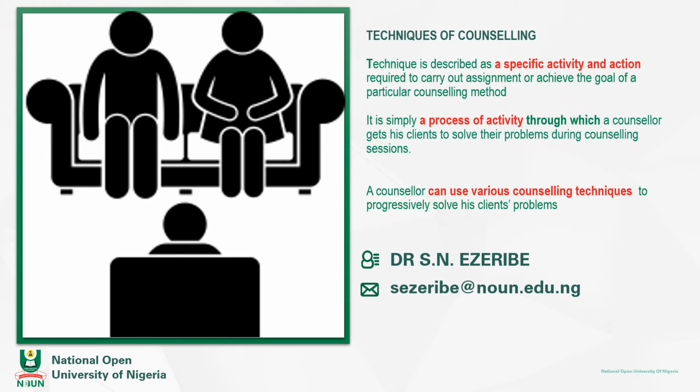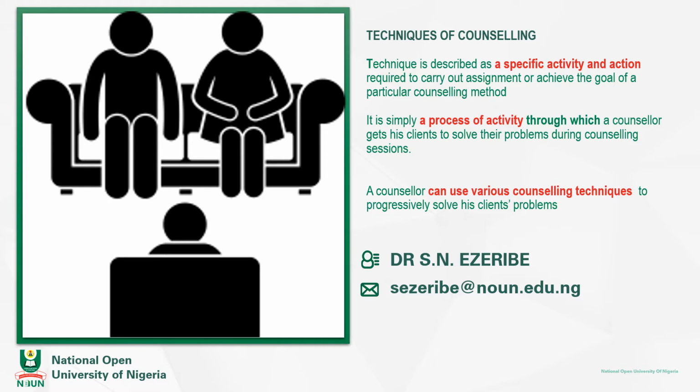Now you talk about techniques. Now we are still here. We say that technique is described as an activity or action required to carry out an assignment or achieve the goal of a particular counseling method. When you choose a counseling method, you have looked at the systematic process that you will go through in order to solve your problem. Now, what are those activities? There are things you must do in achieving this goal.